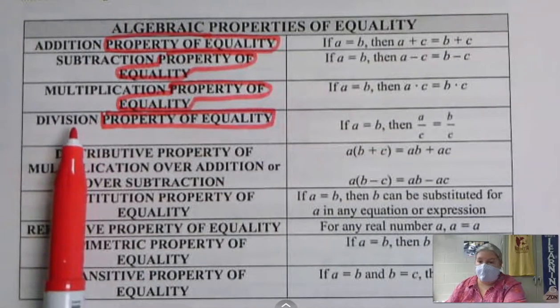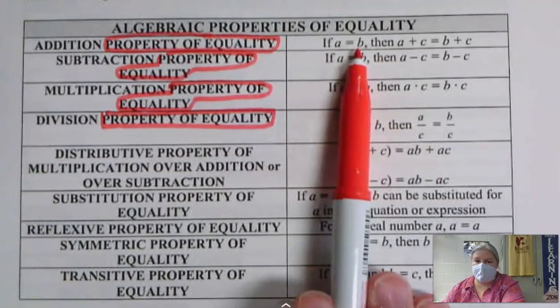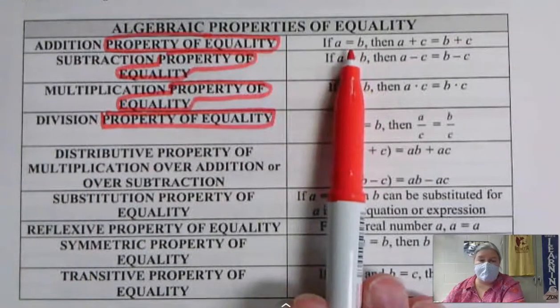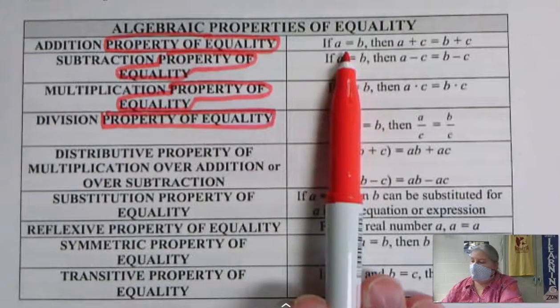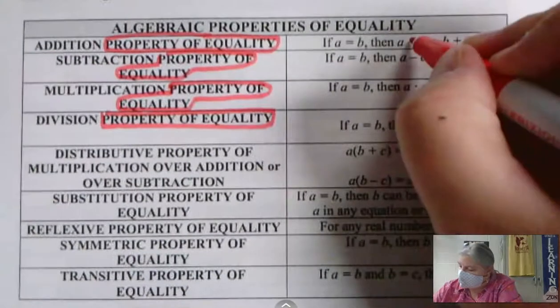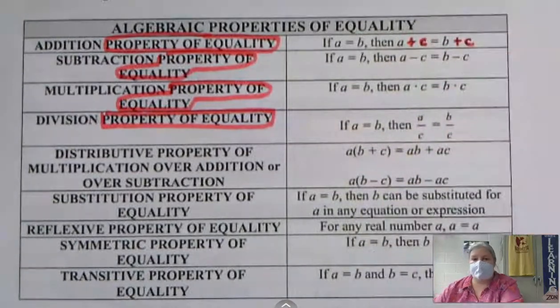of equality. And basically all of them are saying if you start out with some equation, and it can be anything, that's what A equals B represents, anything where you have an equation, one side equals the other. And then you add the same thing to both sides, that's allowable by the addition property of equality.